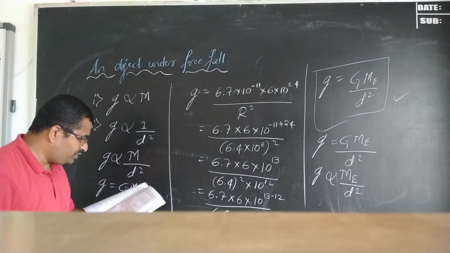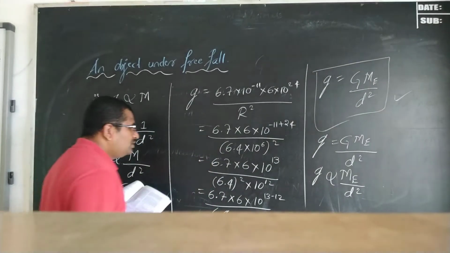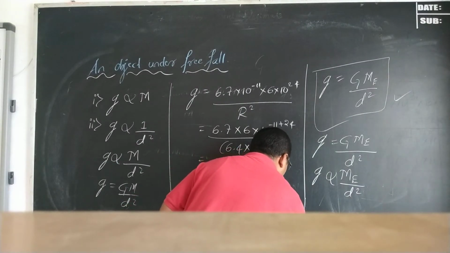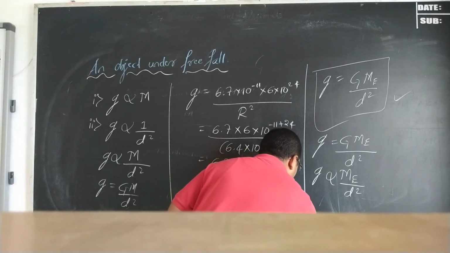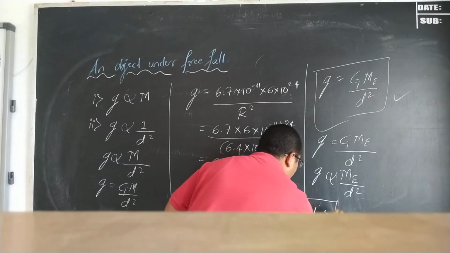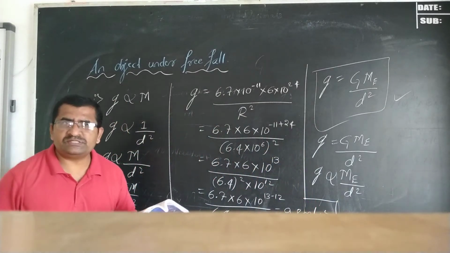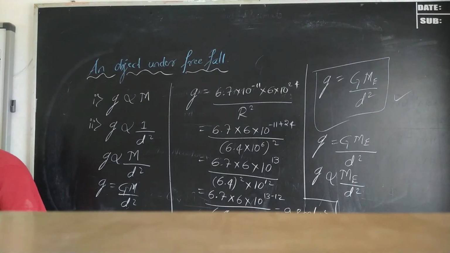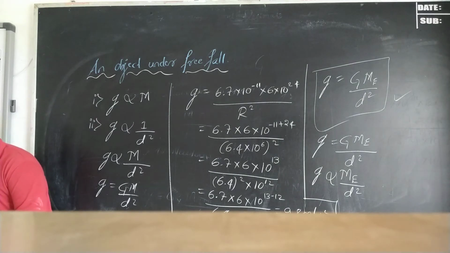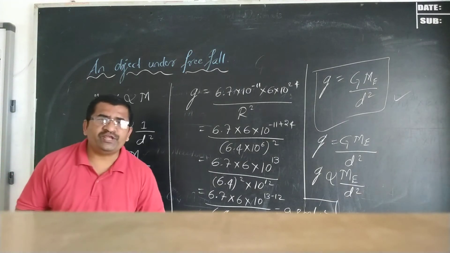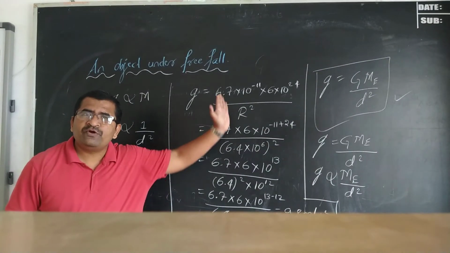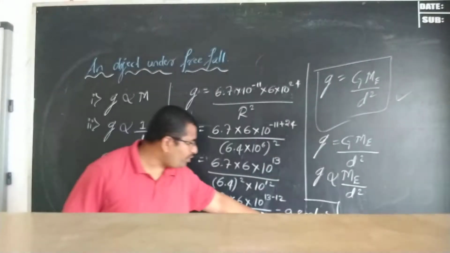After solving this further, the value of g is automatically 9.8 meters per second squared. This is how the value of small g is taken for an object under free fall.